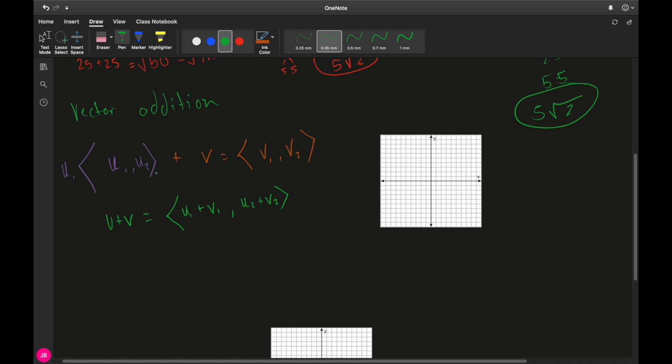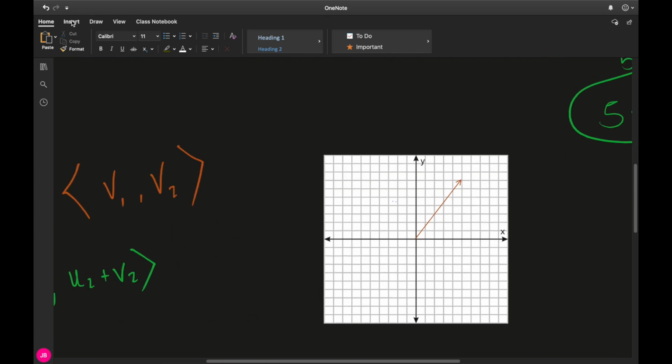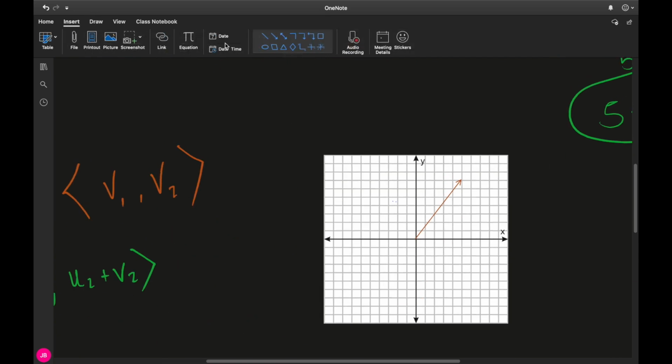So I'm going to take each of these component form vectors, go ahead and add them together, and they will each give me a new component form, if that makes sense. Now, this is a little bit hard to see on paper, but it becomes very, very easy to see once you can see it in a drawing. So let's say I have vector v in orange, and I have vector u in purple.